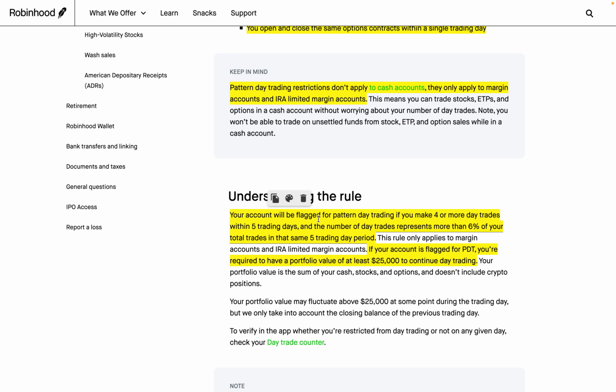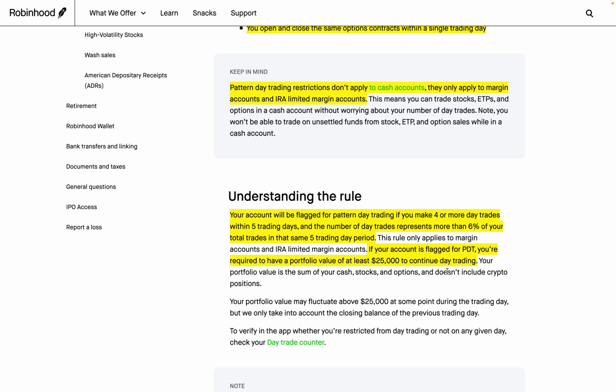Your account will be flagged for pattern day trading if you make 4 or more day trades within 5 trading days, and the number of day trades represents more than 6% of your total trades in the same 5 trading day period. If your account is flagged for PDT, you're required to have a portfolio value of at least $25,000 to continue day trading.